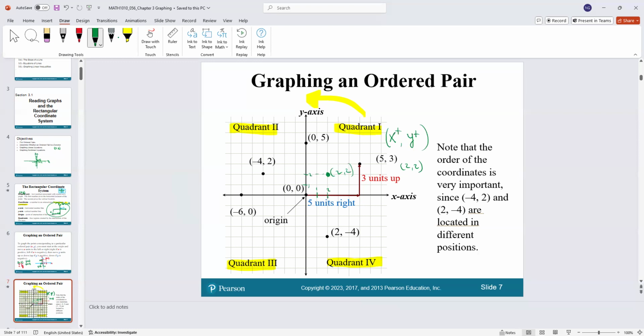In the second quadrant, as you can see, the first number is negative because it is left of 0, remember the origin is right there. Left of 0, X on the horizontal axis is negative. So, for example, if they give you (-3, 2), you see, in the second quadrant X is negative and Y is positive.